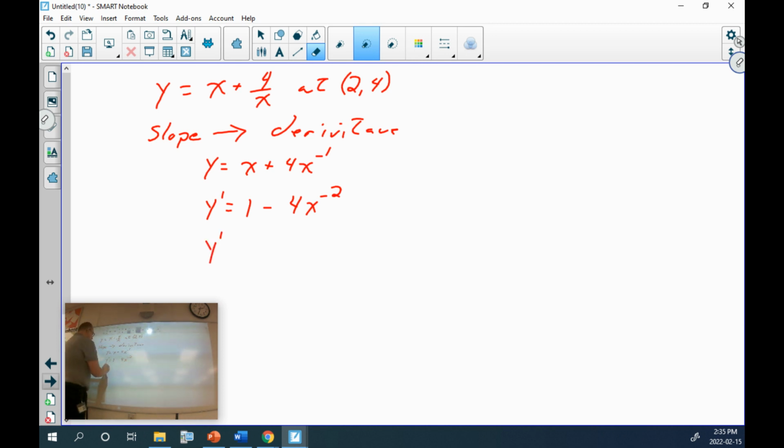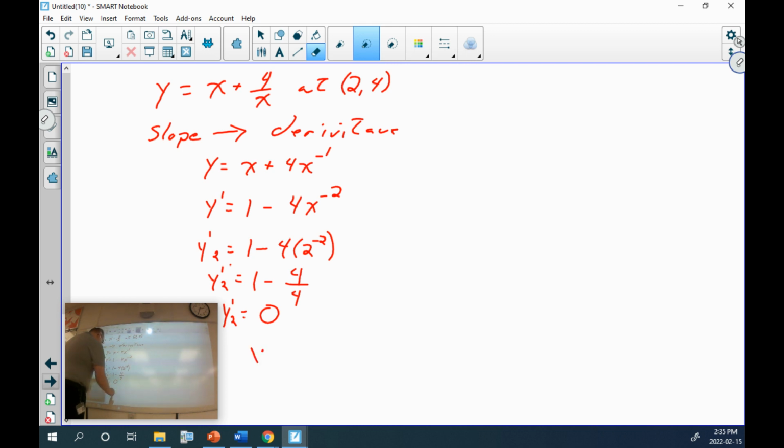So y prime is equal to 1 minus 4 times 2 to the negative 2. So we have y prime is equal to 1 minus 4 over 4. y prime is equal to 0. So actually I should redo my notations with that. It should be y prime at 2 or both of them. So my equation of my line is y is equal to 4.